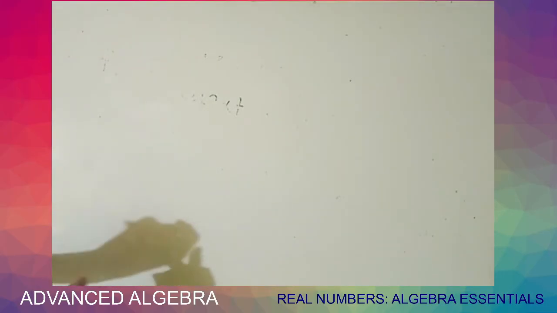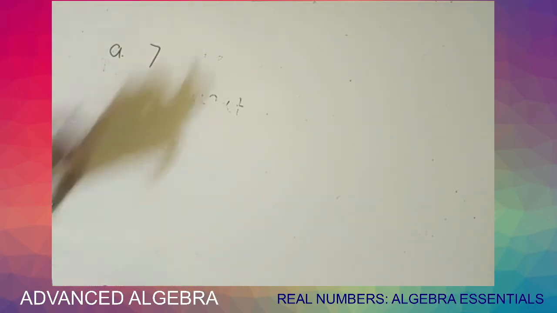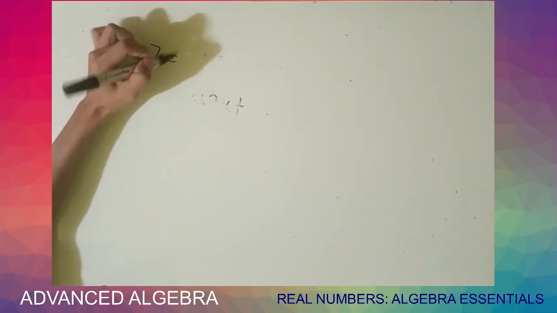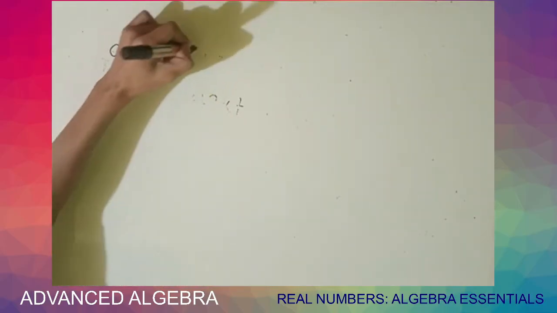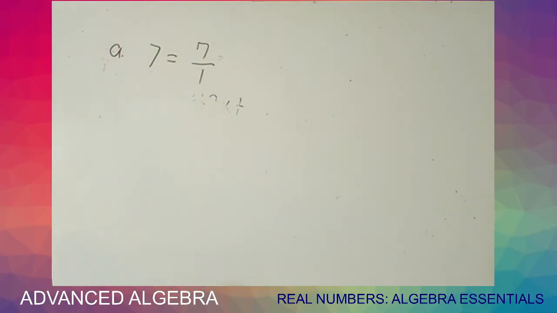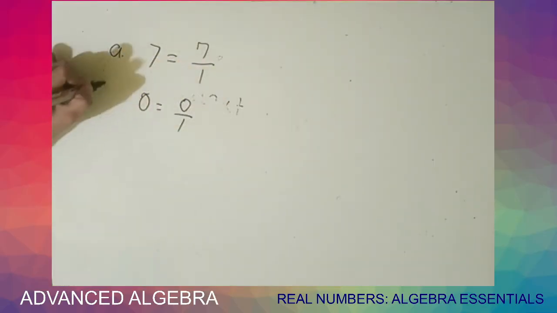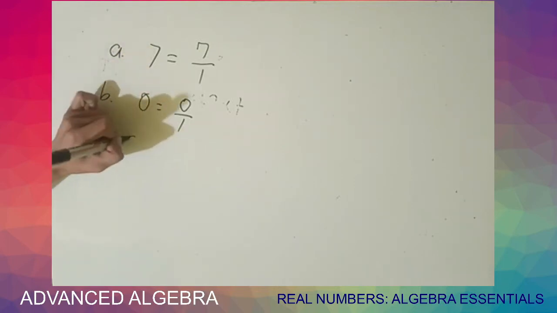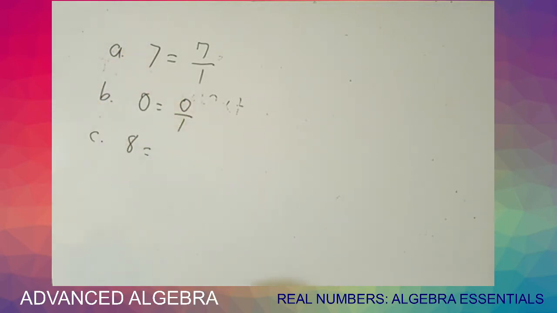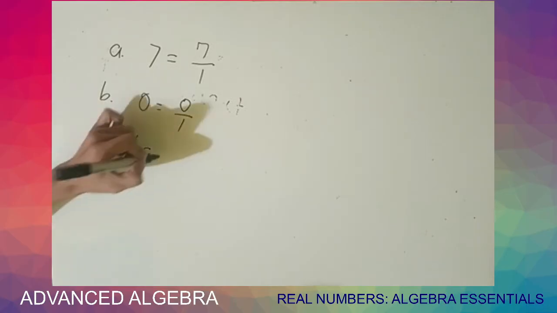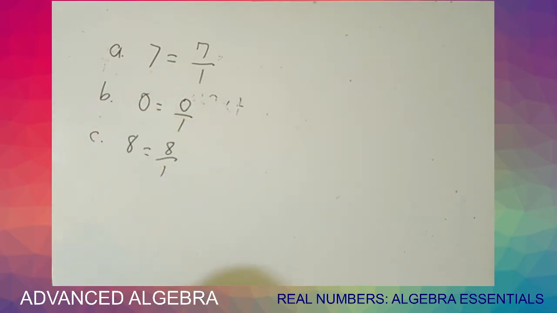Okay. So yung kanina na example, sa letter A is 7. So pwede natin siya isulat as 7 over 1. So ganun lang yung sa rational numbers. Si B, 0 over 1. Then si letter C, 8. So 8 over 1.